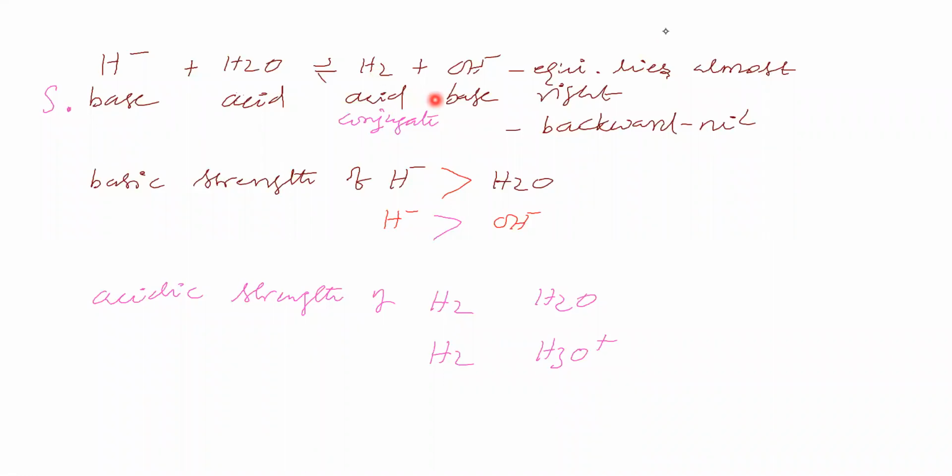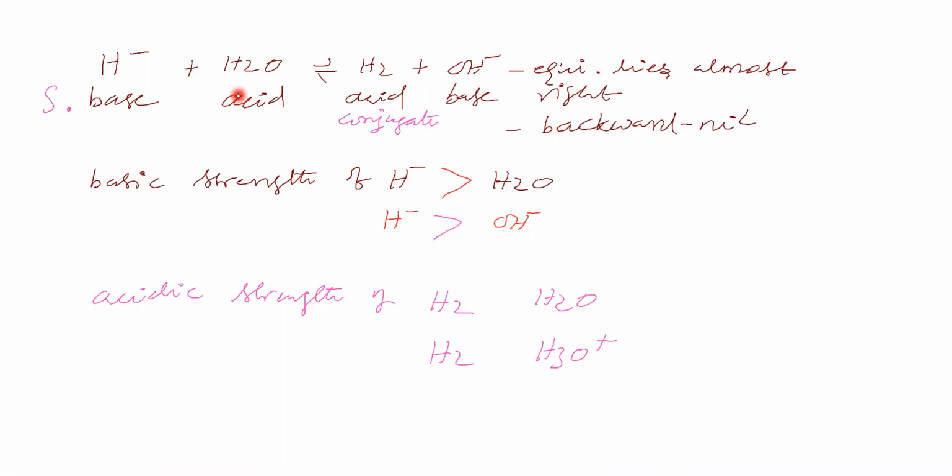H2 is unable to give H plus because no backward. So H2 and water, how will the acidic strength be? Which is having lower acidic strength, out of H2 and water?